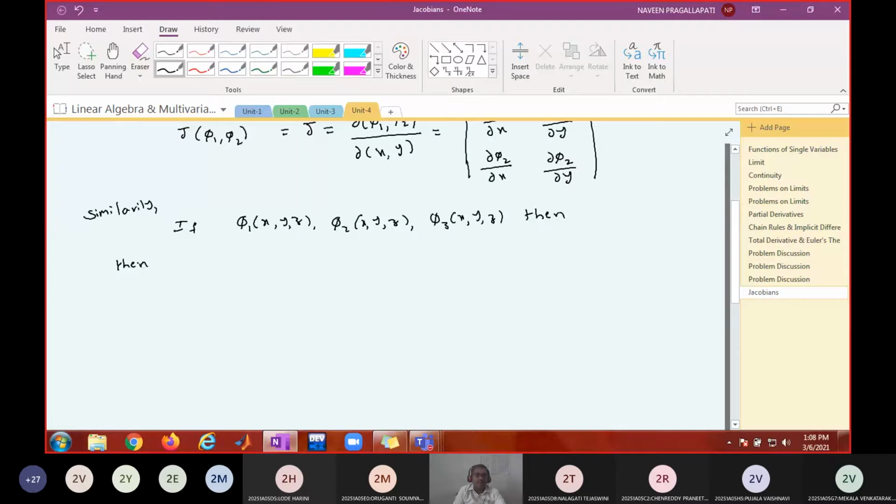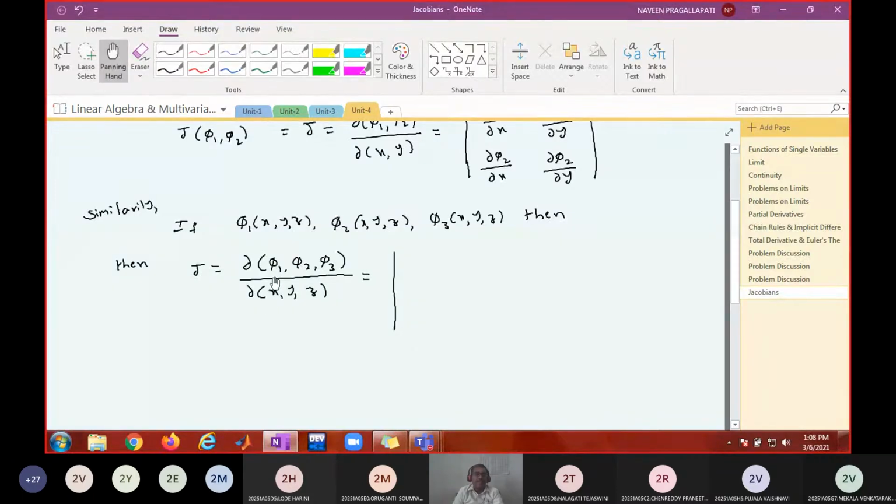J equal to dou of the dependent variables phi 1, phi 2, phi 3 by the independent variables x, y, z. What will be the definition? It will be a 3 by 3 determinant.